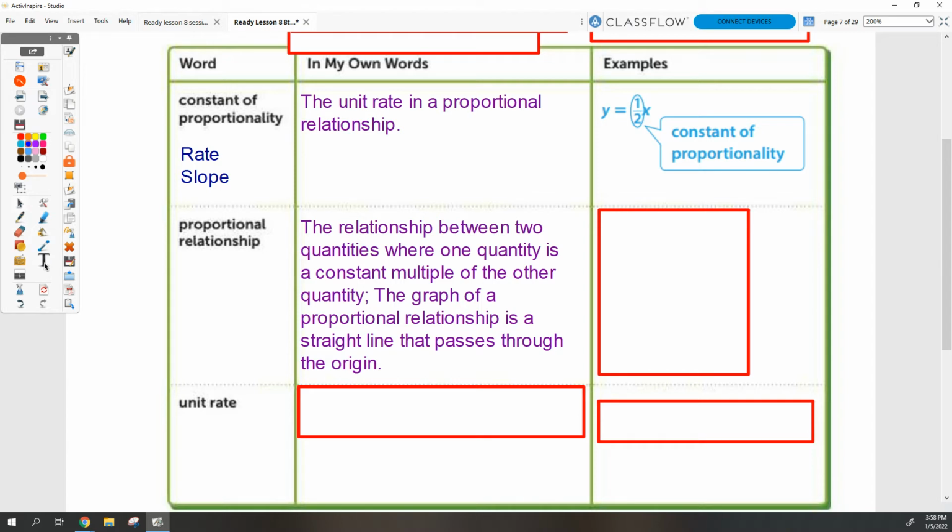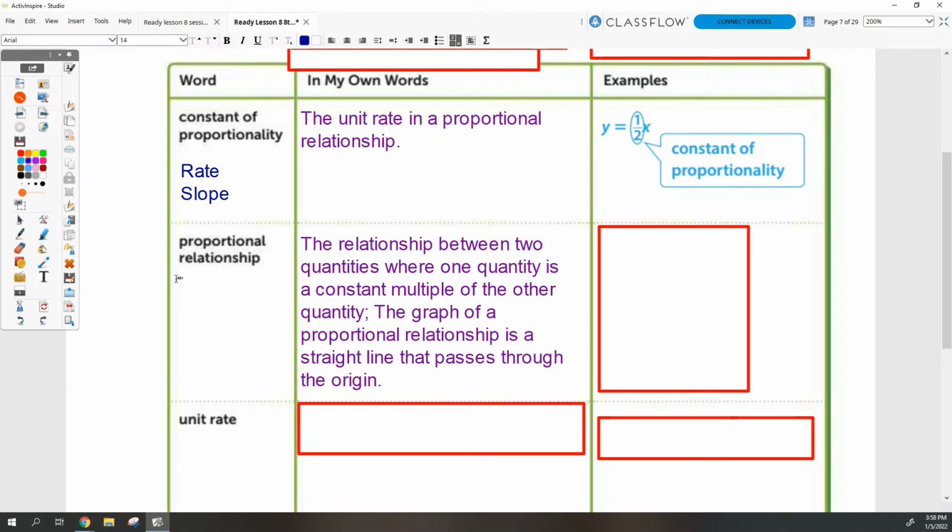So as a quick reminder, there were two characteristics of a proportional relationship. One, goes through 0, 0.